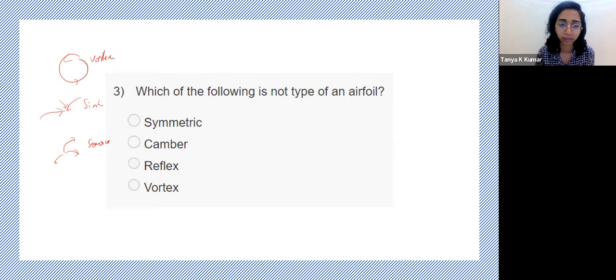We have symmetric, camber, and reflex. What was the purpose of the reflex airfoil? We just discussed this in the first slide, I think. Why do we require reflex airfoils?